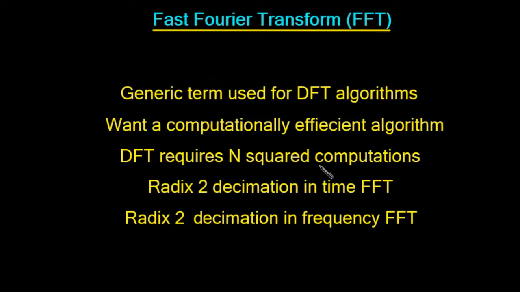What we want to do is cut down these multiplications, and that's what we're going to do when we introduce this Radix 2 decimation-in-time FFT. Now this isn't the only FFT, there are other ones available to us, for example, the Radix 2 decimation-in-frequency Fast Fourier Transform. So let's get started and get through this derivation.